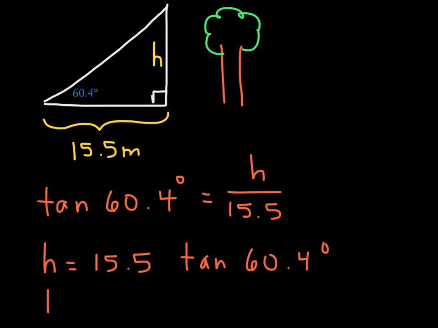So the height of this tree is 27.3 meters. Don't forget, meters is the units that we're using here. Not feet, not inches or anything like that. It's meters. So that's how tall the tree is. Isn't that great?